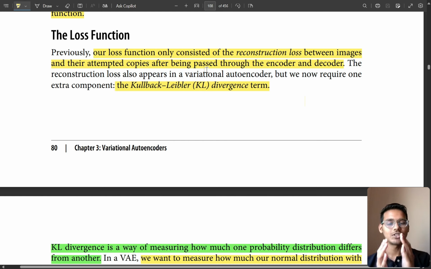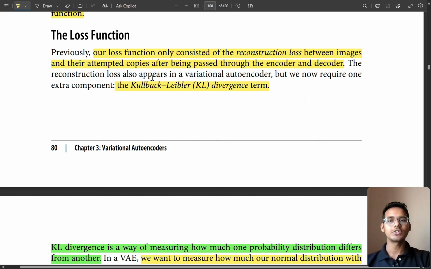What we are doing in the autoencoder or variational autoencoder is reconstructing things. So if the reconstruction varies too much, then the loss will be bigger. It has to vary as little as it can. And there is one more loss introduced.